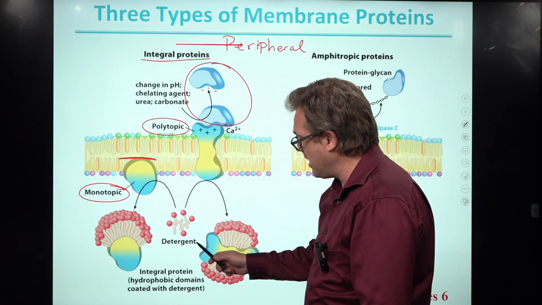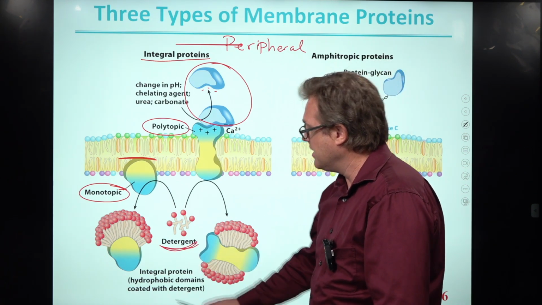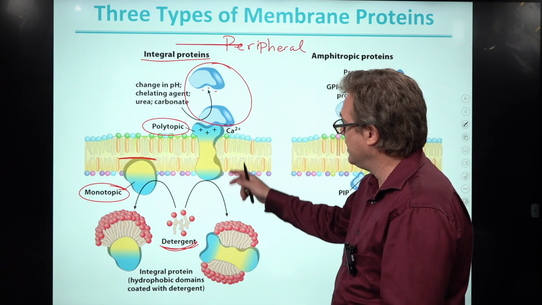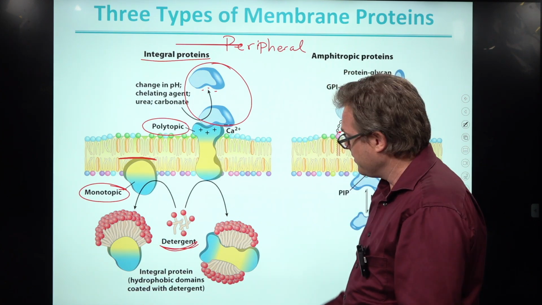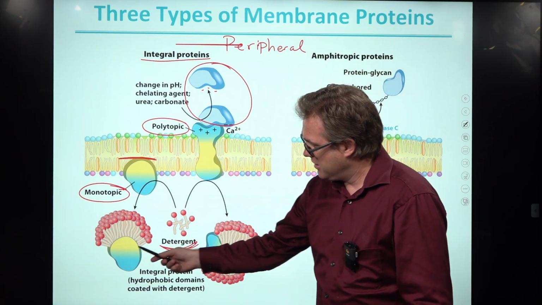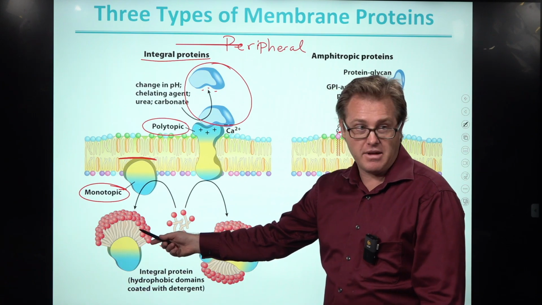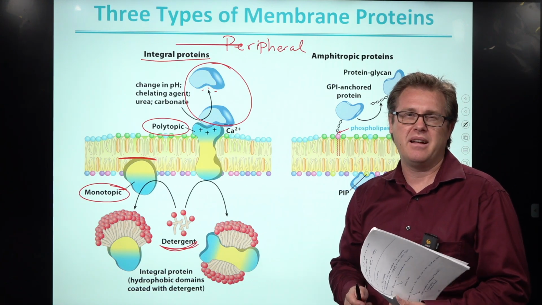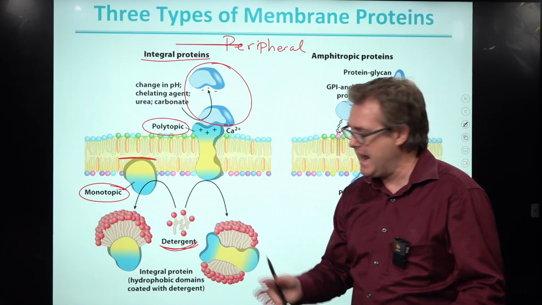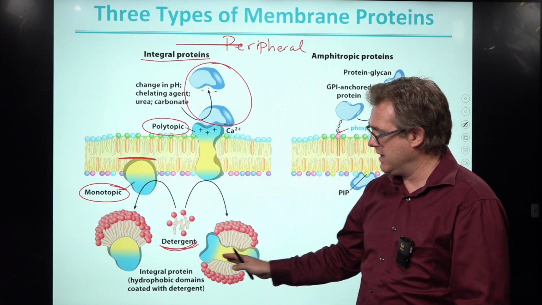It's going to require a detergent that totally disrupts the interaction between these two proteins with the membrane. As you can see here, we are adding that detergent right there to rip it out. I think ripping out is too strong of a word, but to get it out of the membrane and to isolate the proteins.